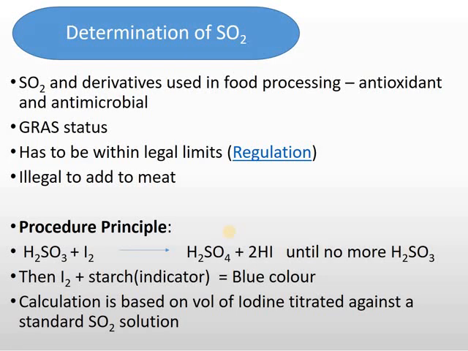And then from there, using a standard, you can calculate the amount of iodine titrated against that standard. And then you can calculate the amount of sulfites or sulfur dioxide that's found in the sample. It's one of those very straightforward, simple reactions. But this is just for your free sulfur dioxide.